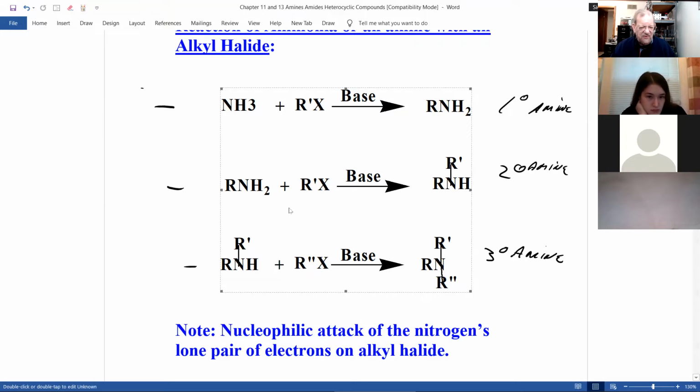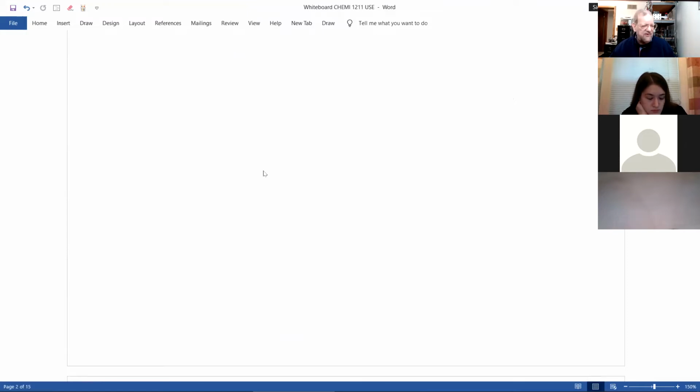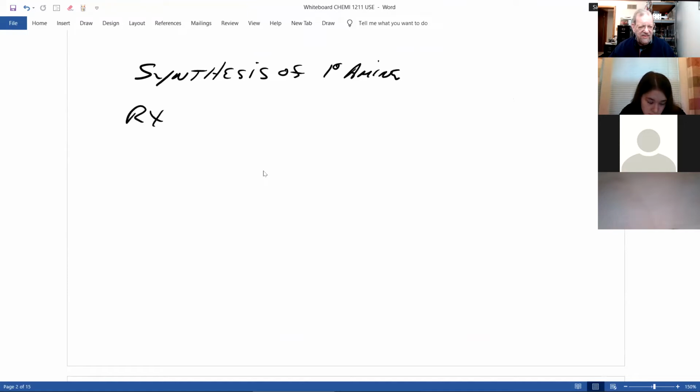And let me go to my whiteboard and let's talk about synthesis of a primary amine. And here you take an alkyl halide plus ammonia, and you need base.